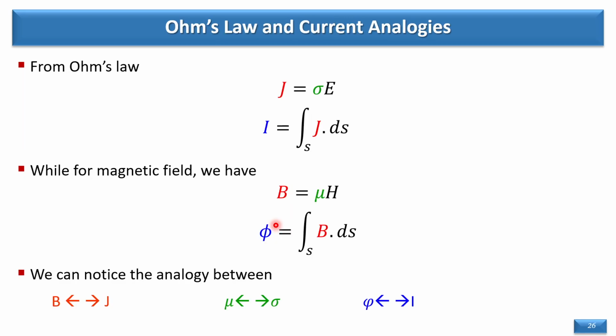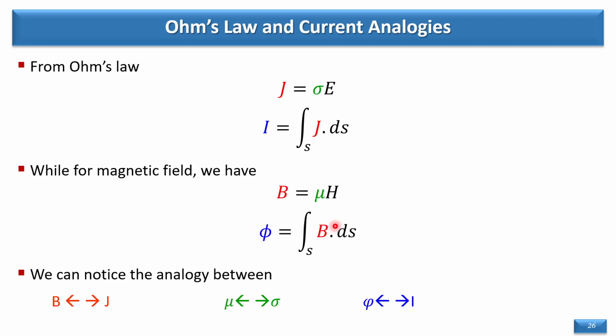So let us look into the analogy between electric circuits and magnetic circuits. In electric circuits, we have J equals sigma E. In magnetic, we have B equals mu H. Total current I equals the integration over any open surface of J dot dS.